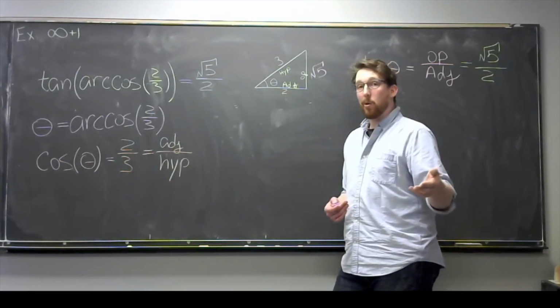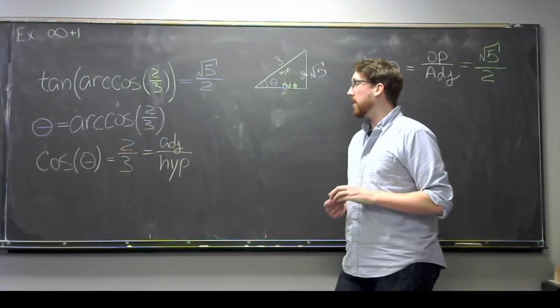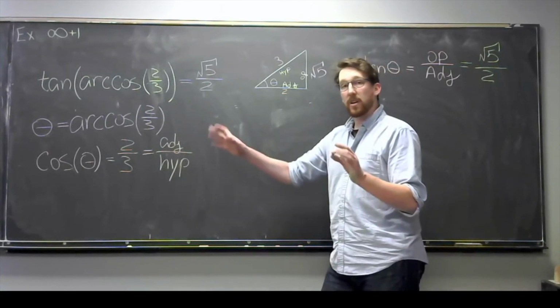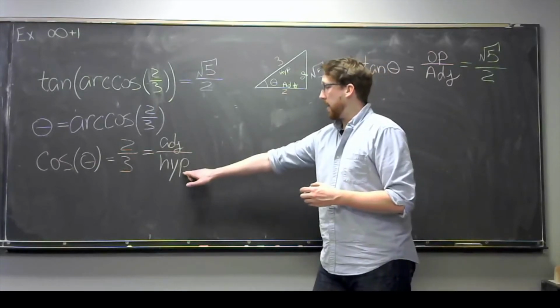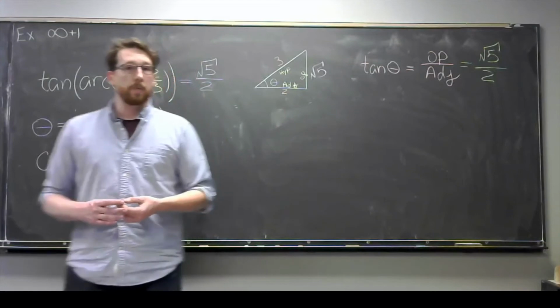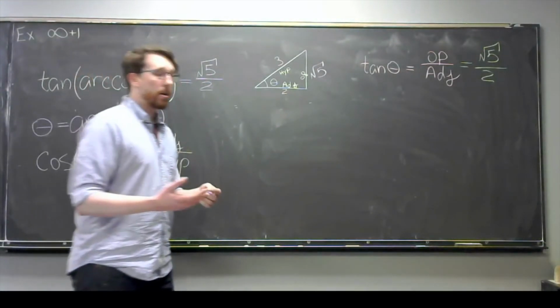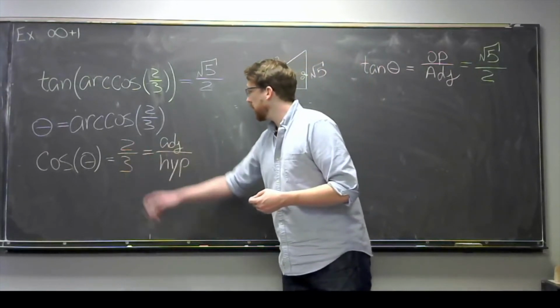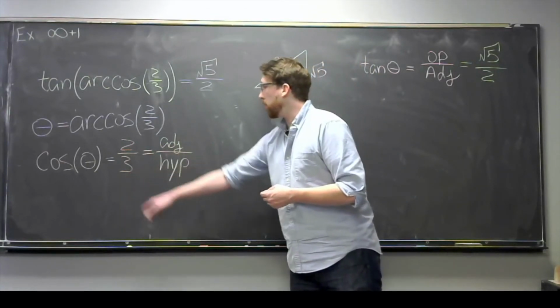And we know that cosine of an angle is equal to the length of the adjacent leg divided by the length of the hypotenuse. So that told us that our adjacent leg had a length of 2, our hypotenuse had a length of 3.